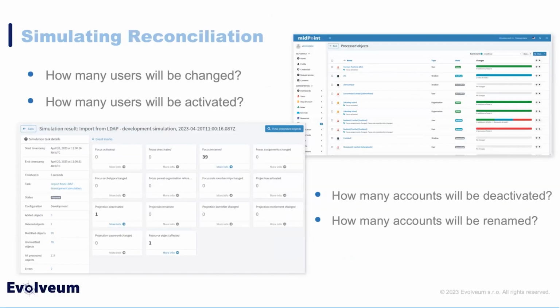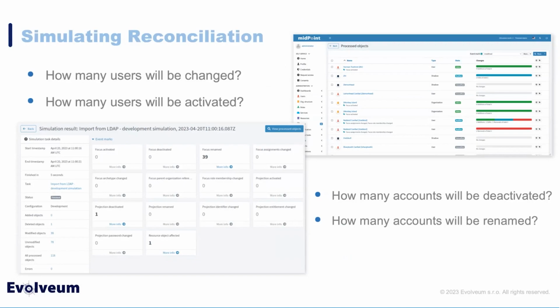Another good example might be simulation of reconciliation. Imagine that you need to do a reconciliation with the target system connected to MidPoint. The target system is sometimes managed manually by admins, so there might be changes you don't know about. For example, changes which would lead to the activation of some users, losing accesses to some application, changing login names, and so on.